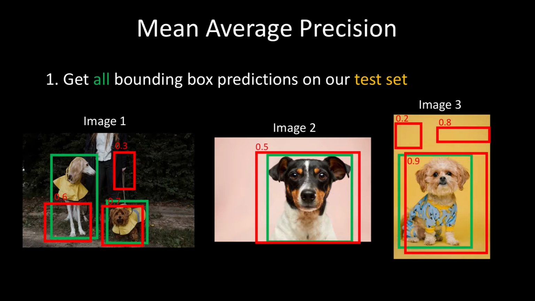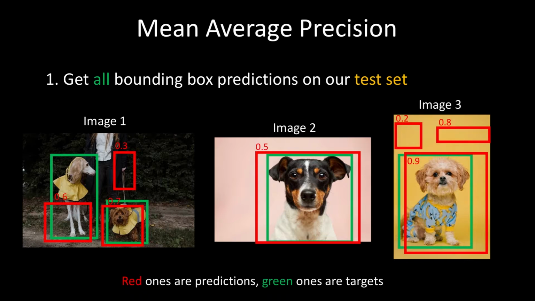For each outputted bounding box, for the red ones, as you can see, there's a score associated with that bounding box. I've mentioned this briefly in previous videos, but the outputted probability or score for the bounding box is the probability that the model believes there's an object in the outputted bounding box. Again, the red ones here are the predictions and the green ones are the target.